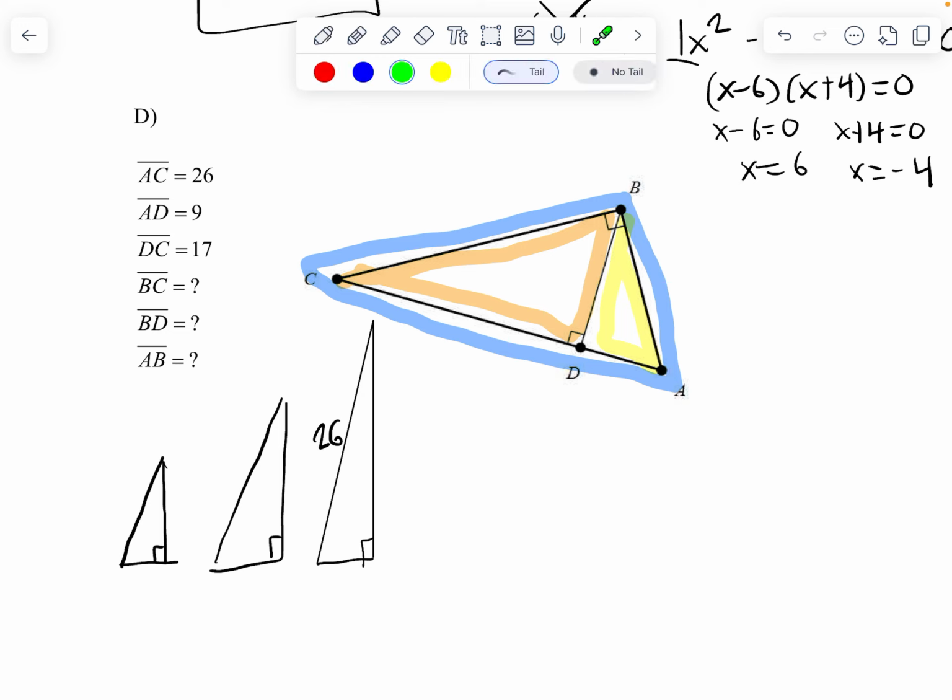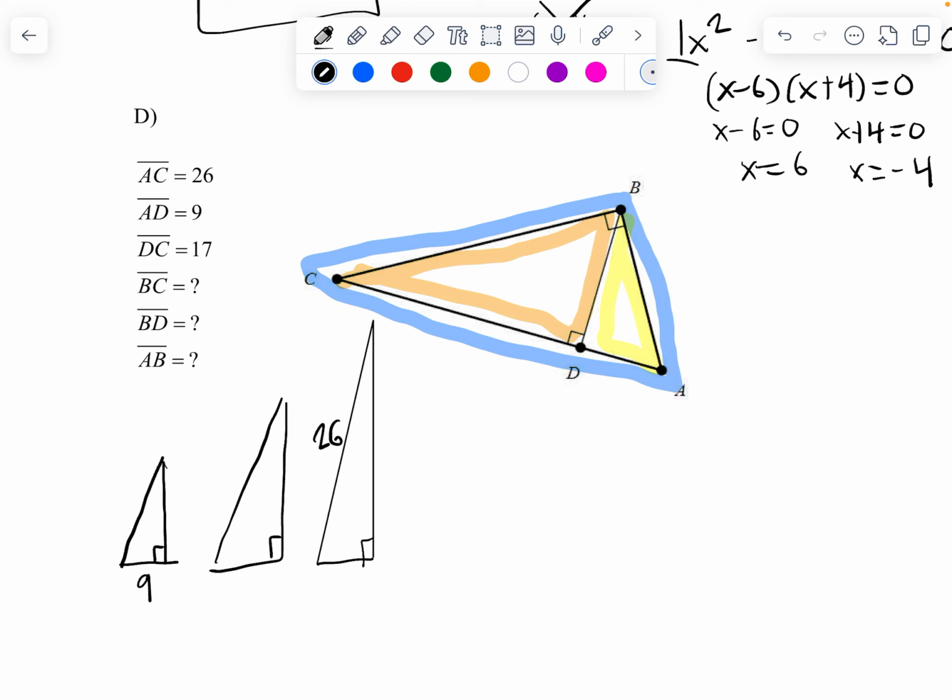All right, the next thing that we have is AD is 9. We see AD right here. And that's going to be of our small triangle. So I'd say, which side is that in the small? The smallest leg, the medium leg, or the hypotenuse? Well, it's going to be across or next to that right angle, and it's shorter than the other, which means it's my short leg. So that should be 9 right there.